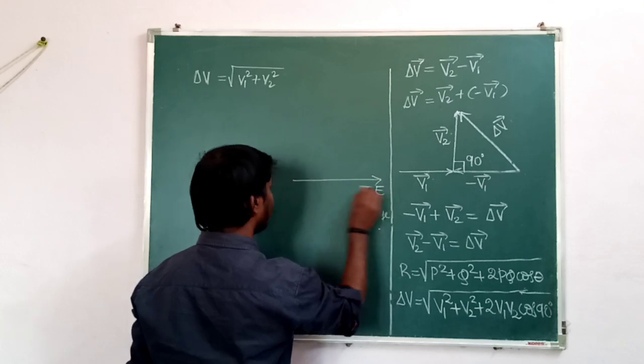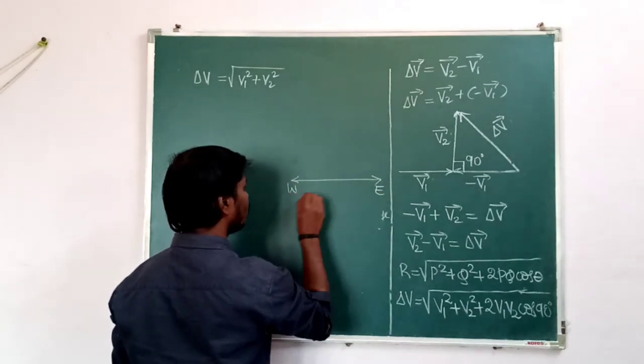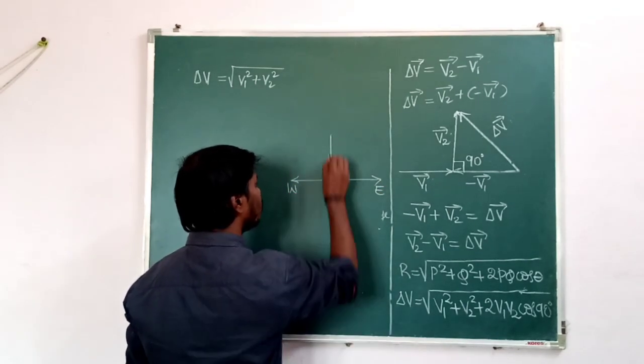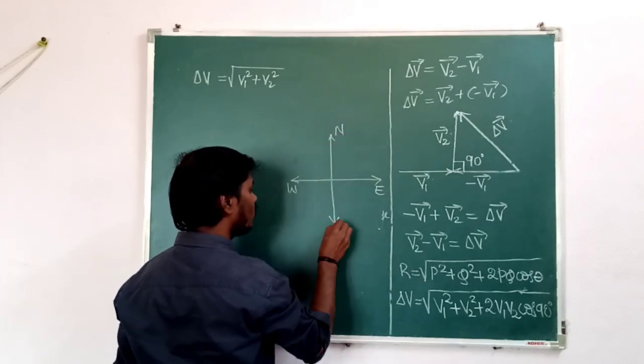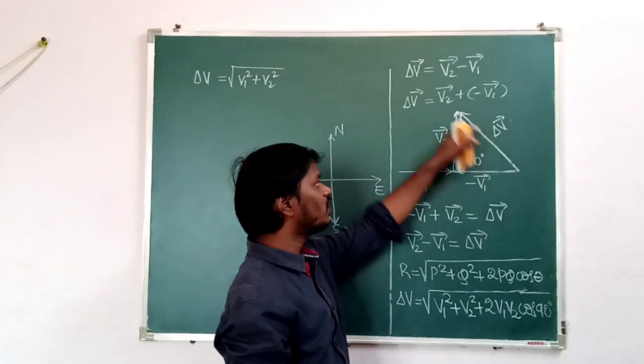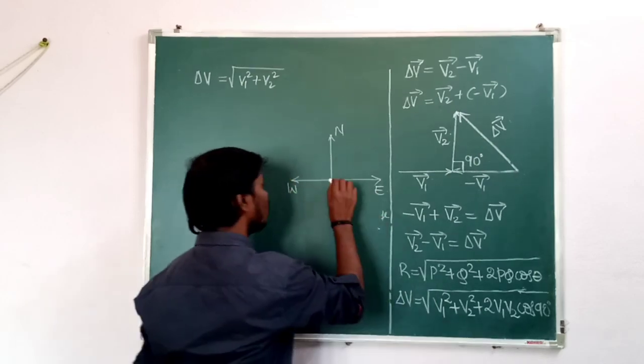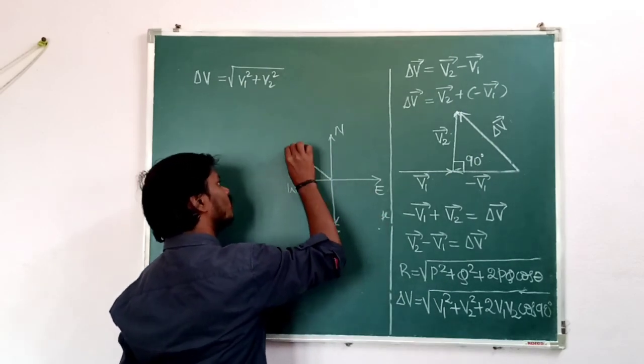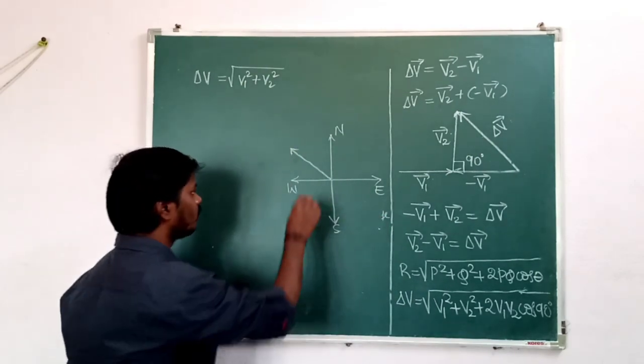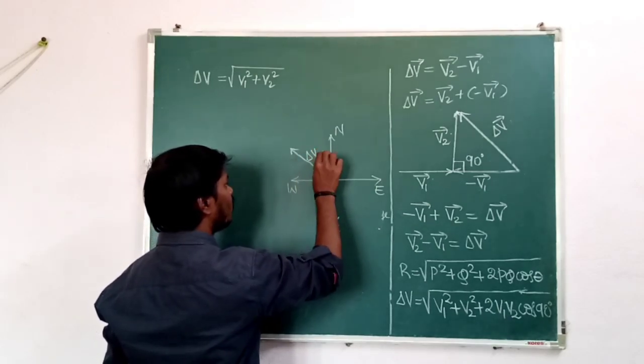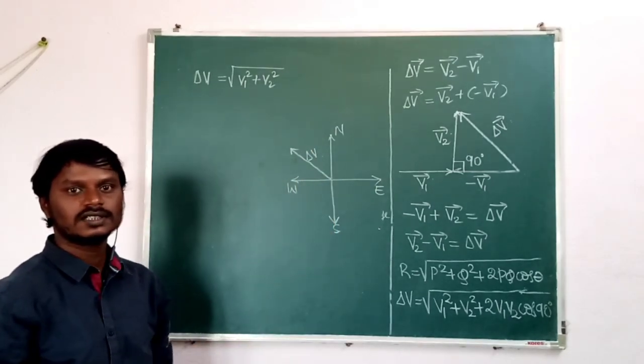Already you know about the directions. It is east, it is west, north and south. So the change in velocity is in which direction? That is northwest direction. Delta V, that is in which direction? Northwest direction.